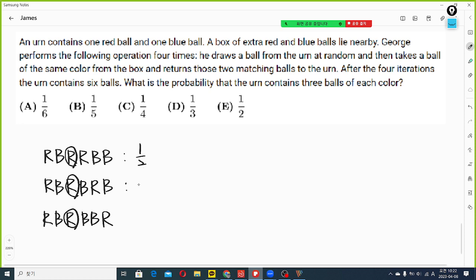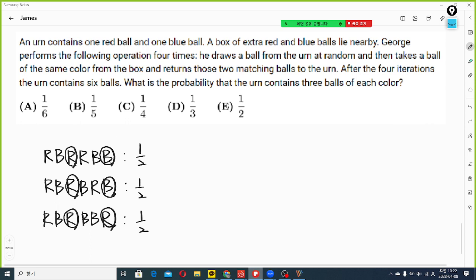So we start from the probability one half, and for the last ball, the probability should always be equal to 2 over 5, because we need to pick the ball which is less than the other color.